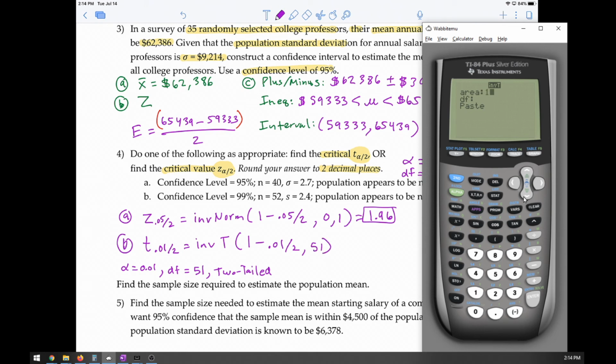So let's put all those in: 1 minus 0.01 divided by 2, and then degrees of freedom is 51. Paste. And we get that the critical t value is 2.68.